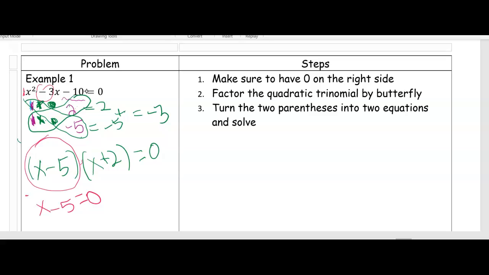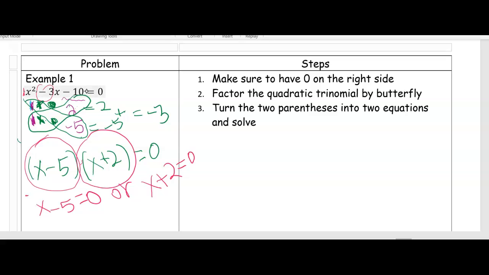So 0 times whatever is 0. Or if the second parenthesis is a 0, then 0 times whatever is in the front equals 0. So if the second parenthesis, which is x plus 2, equals 0, it will also make the equation true.